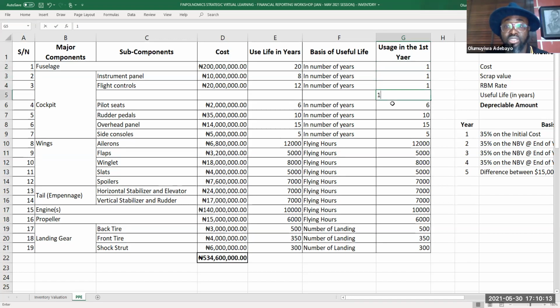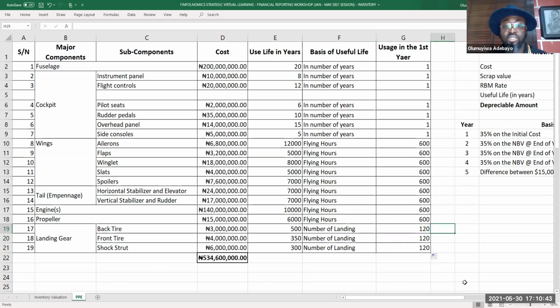These are those in years, they are just in the first year. Now, hours, probably we have used a number of hours. Let's say we have used 600 hours. Number of landings, let's say we have landed 120 times.